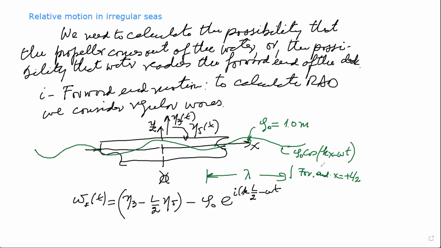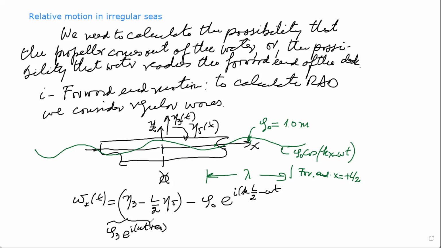That's the relative motion. So for zeta 0, you calculate eta 3. Remember, eta 3 is going to be an amplitude, e to the i omega t, and a phase, zeta 3 and theta 3.